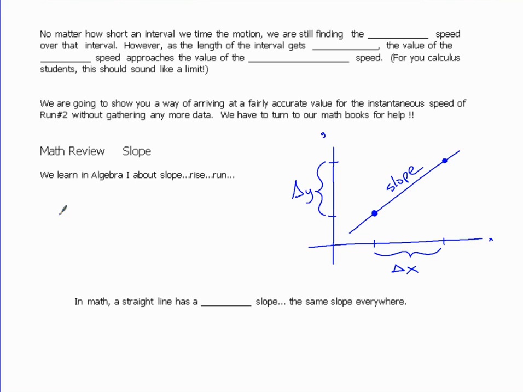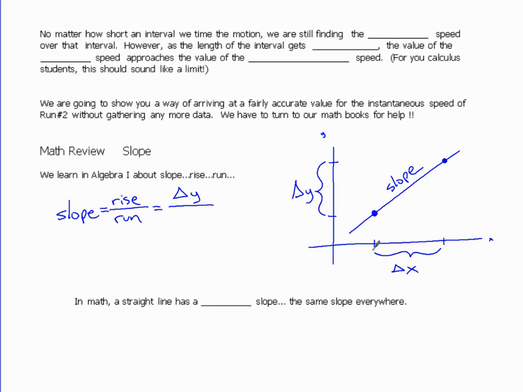So let's write some things down over here. Slope, as we learned in algebra, is rise over run. Putting this in more xy terms, the delta y, or the change in y, is the rise.